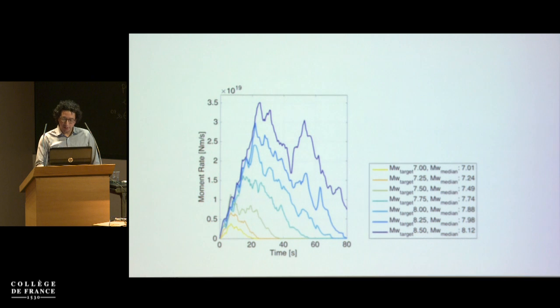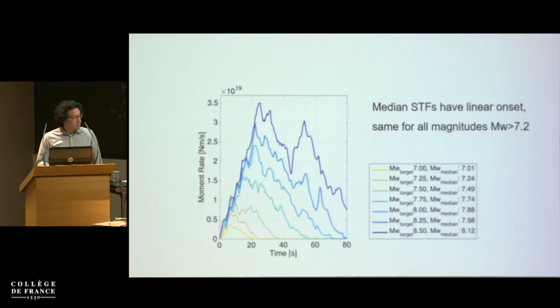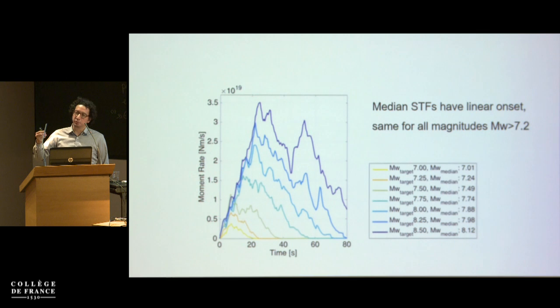What is surprising here is the onset. They all start in the same way, and they all start linearly. Those two things are surprising. The linearity is very surprising because the classical self-similar model would predict a quadratic growth.